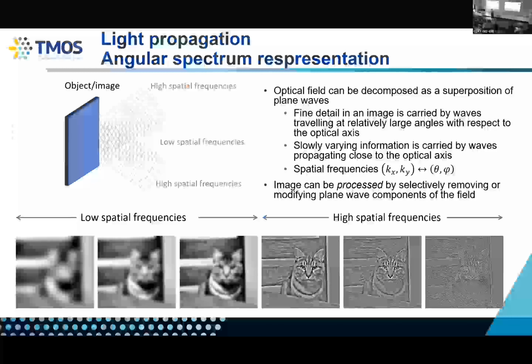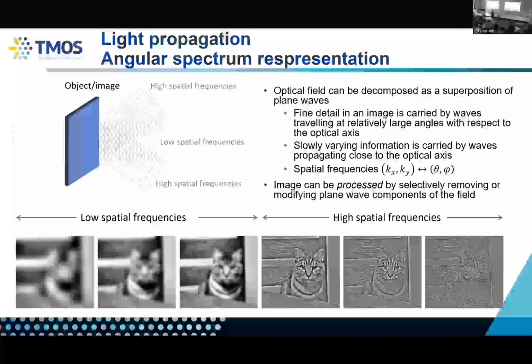So waves that propagate at small angles with respect to the optical axis carry low spatial frequency information. So that is the broad background that lies within an optical field. On the other hand, plane waves travelling at large angles with respect to the optical axis contain fine detail about an image, such as if we look at these pictures of my lovely cat Floki here, the one on the right is an image where those edges are highlighted.